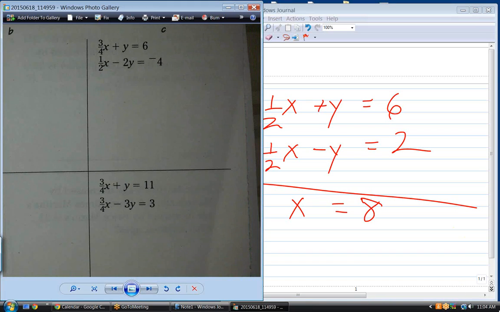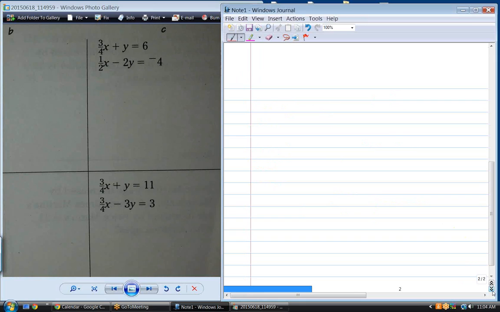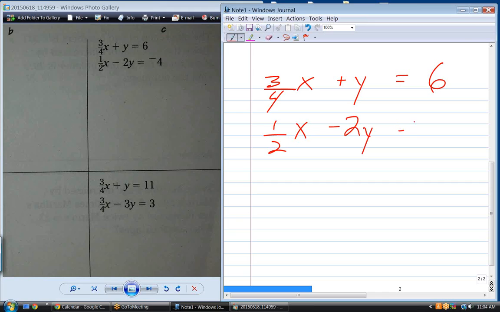So, okay, let's look at 1C. It's weird how their book won't print out the negative sign in the right place.